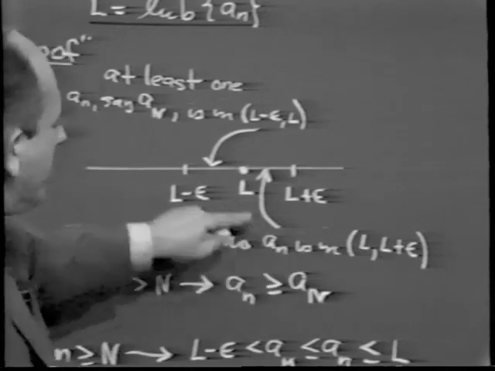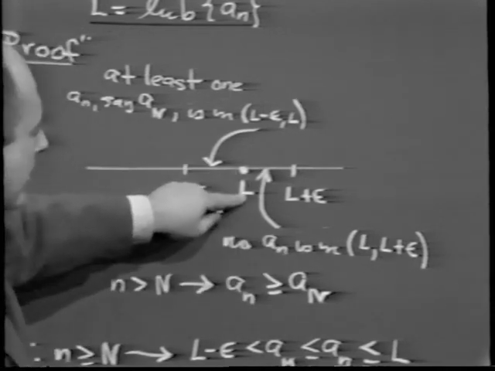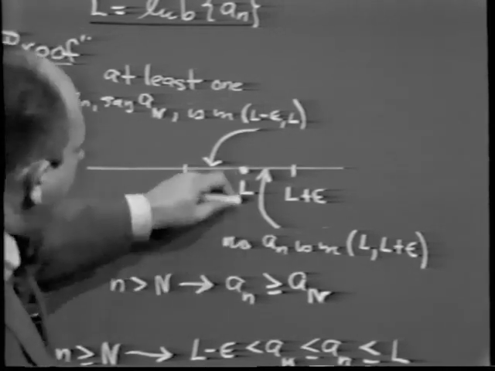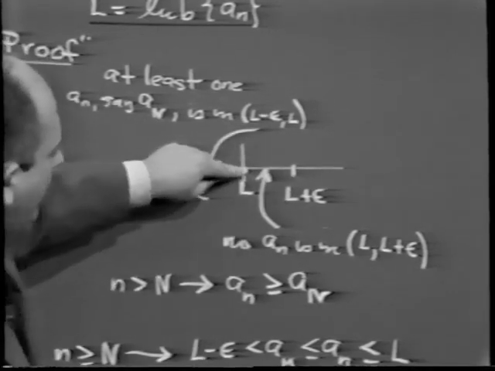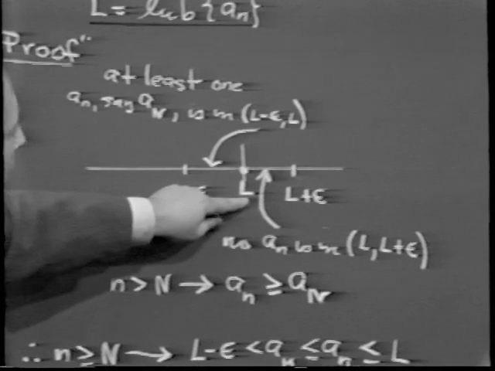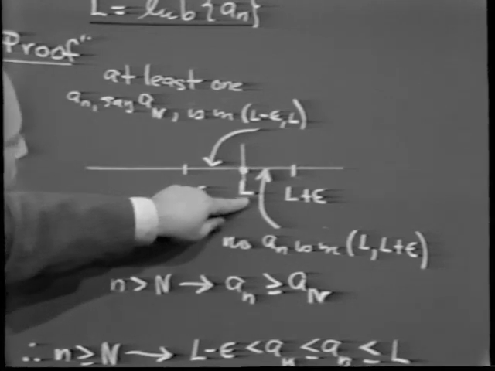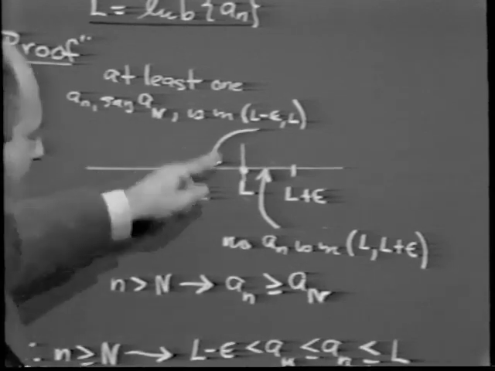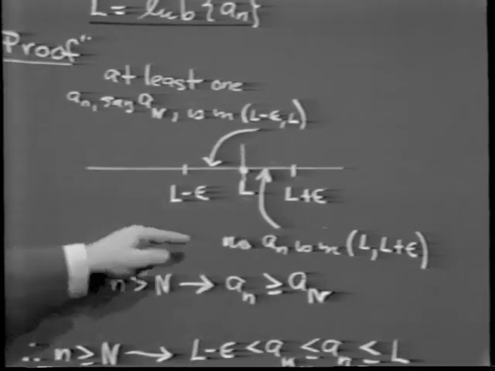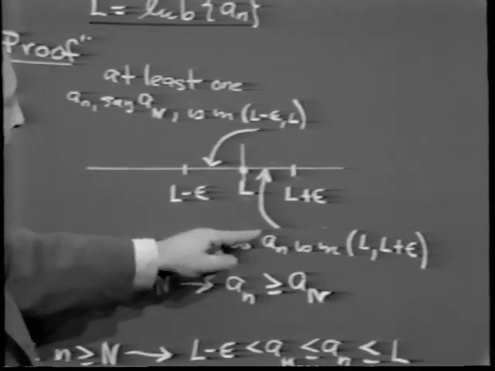Notice also that because L is an upper bound, no a sub n can get beyond here. In other words, no a sub n lies between L and L plus epsilon, because if that were to happen, L couldn't be an upper bound. Okay, so far so good. That follows just from the definition of a least upper bound.